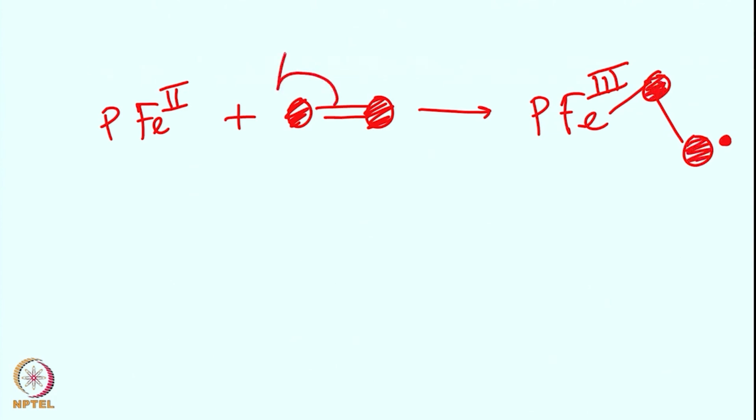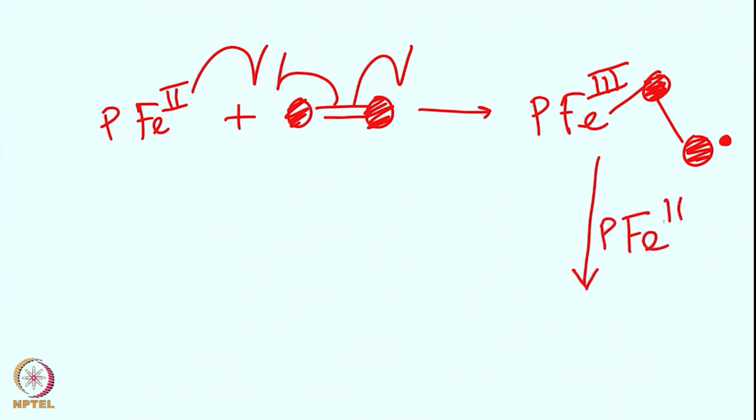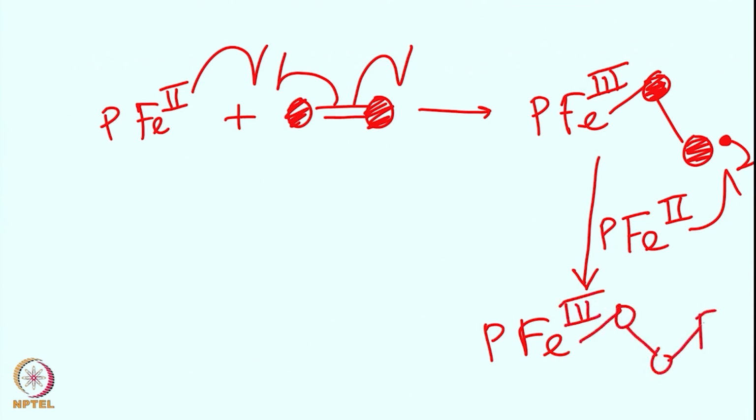So, it gives you the iron 3 superoxo species. Subsequently, from there another porphyrin iron 2 species comes in and gives one electron to it, and essentially it gives porphyrin iron 3 oxygen and iron 3 porphyrin species, right. So, this species can now further react.